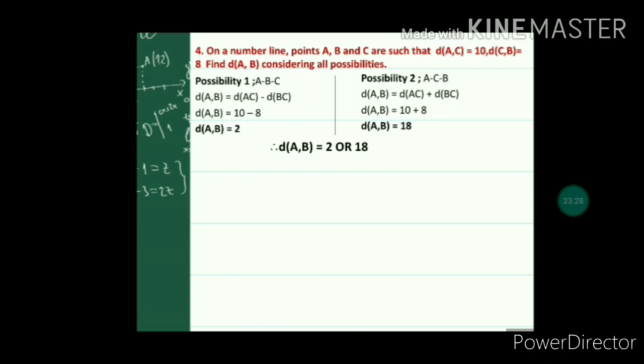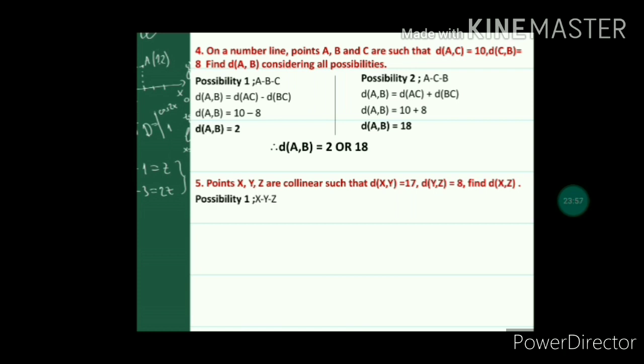Therefore, distance of AB is equal to 2 or 18. The question number 5 is points X, Y, Z are collinear such that distance of XY is equal to 17, distance of YZ is equal to 8. Find distance of XZ.